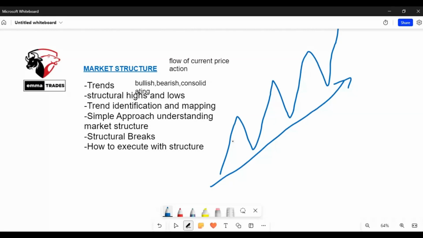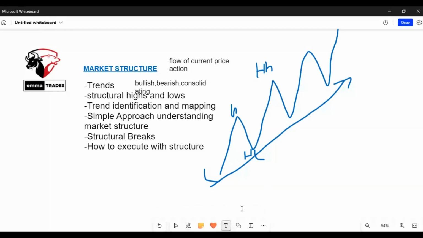But the other way is just by determining if it's forming a low, then a high, then it forms a high higher than the previous high. We call this a higher high. Then if it forms a low that's higher than the previous low, we call this a higher low. So by trend identification, you're just looking at the characteristics of different trends, right?